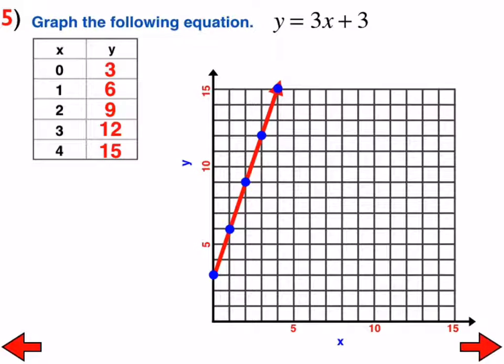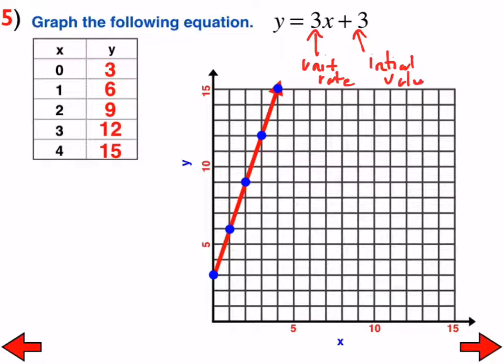This value right here, in all of the other problems, was the unit rate. That's the numeric value of it. This value right here is the numeric value of the initial value.